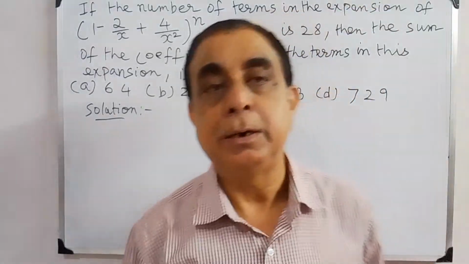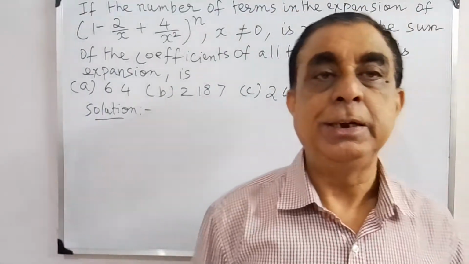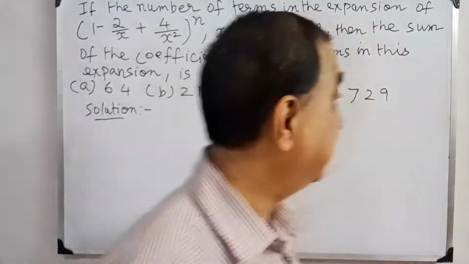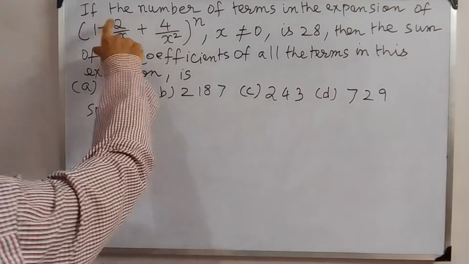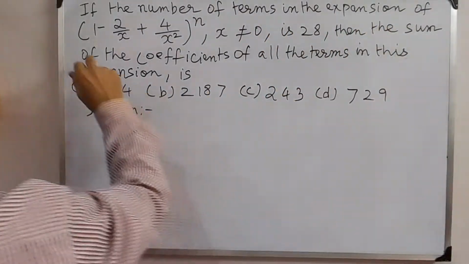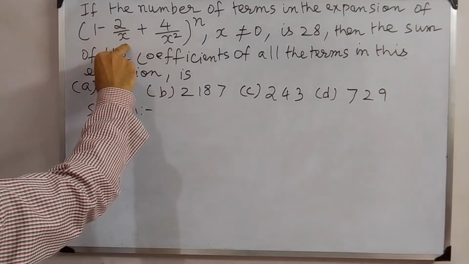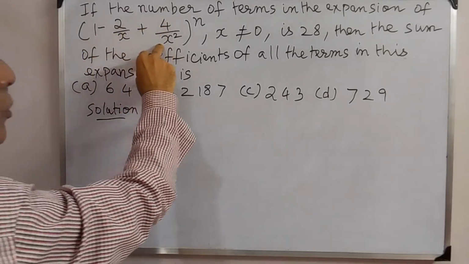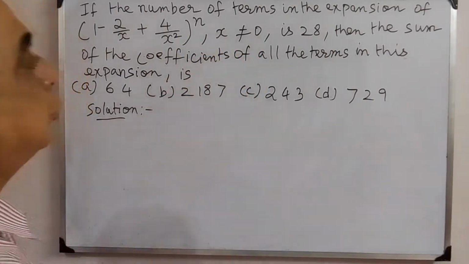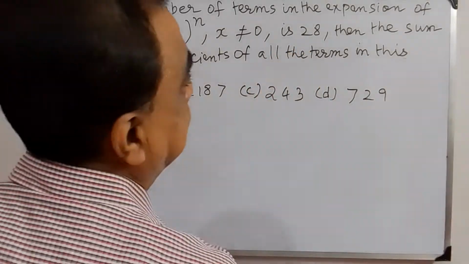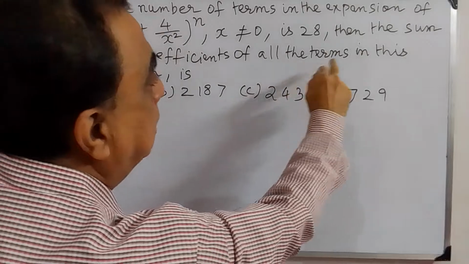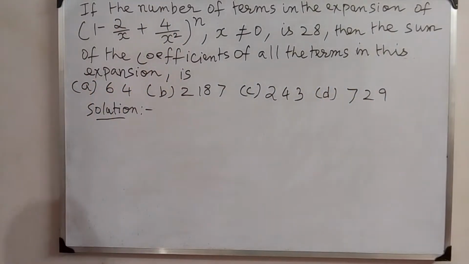Today we are doing a sum from JEE Mains 2016. The sum reads like this. If the number of terms in the expansion of (1 − 2/x + 4/x²)^n, given x ≠ 0, is 28, then the sum of the coefficients of all the terms in this expansion is.